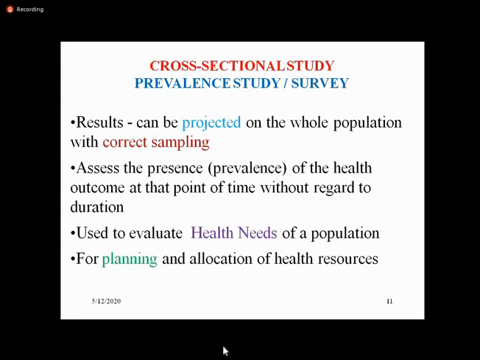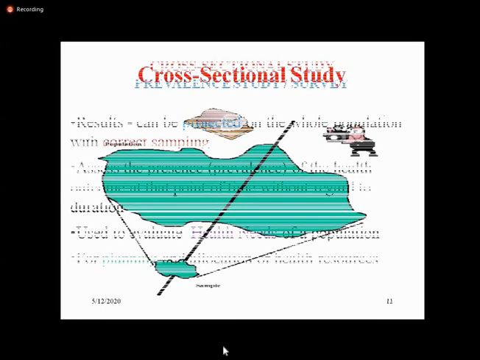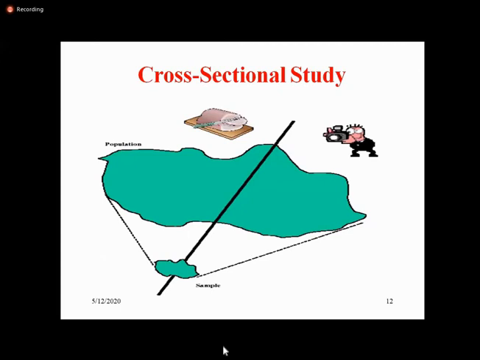Mostly governmental authorities, when allocating resources for health or public health, need this type of cross-sectional study to see how much should be allocated for the population. This is a snapshot picture. It gives you the current situation of a population and a community.